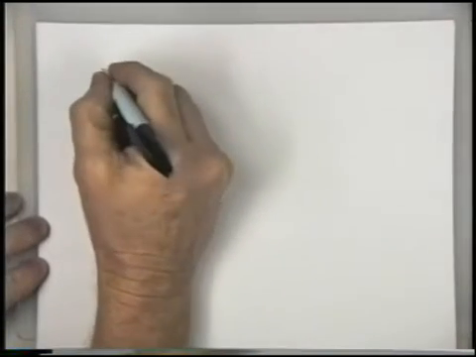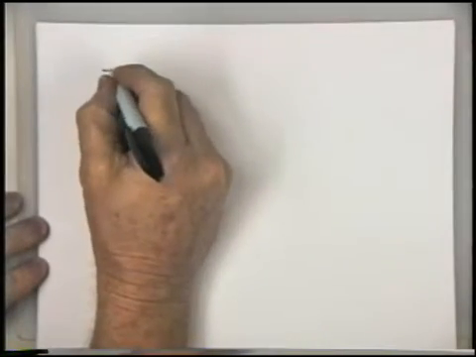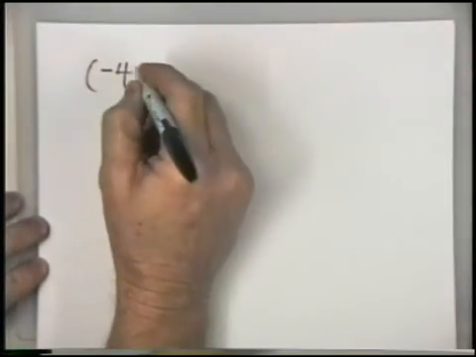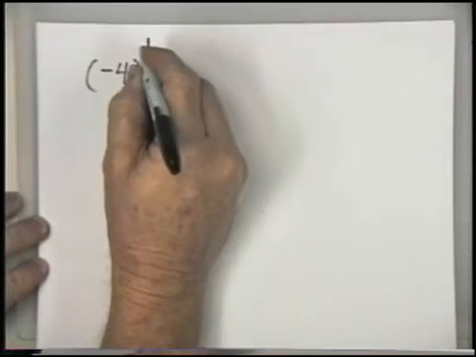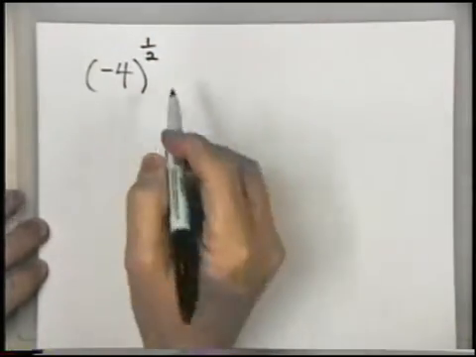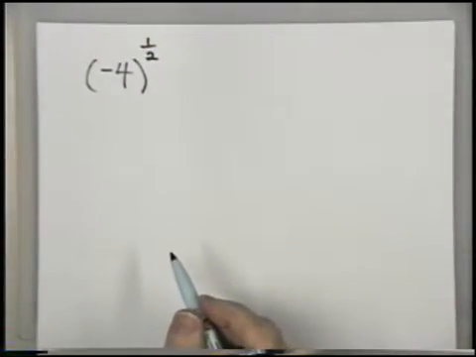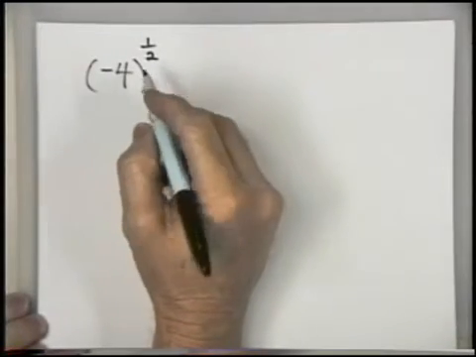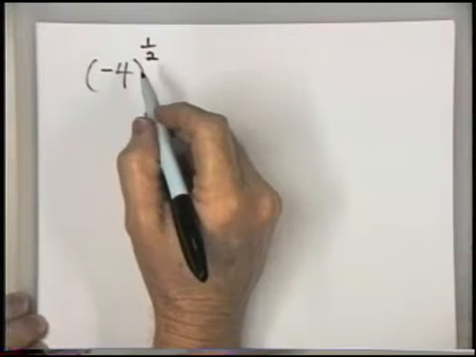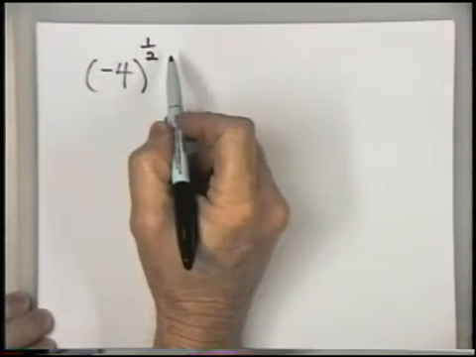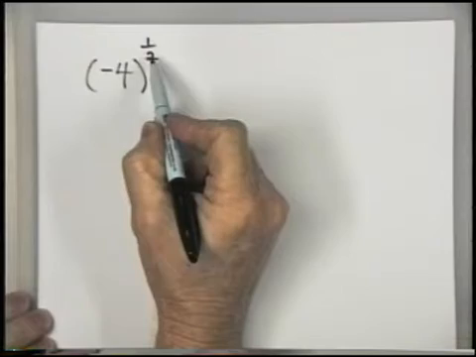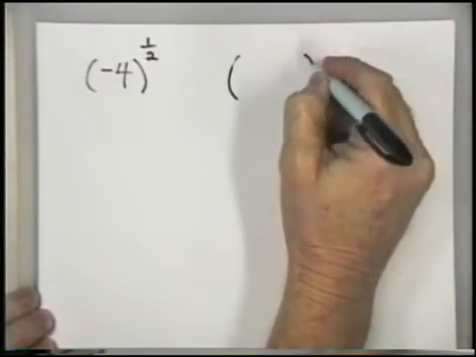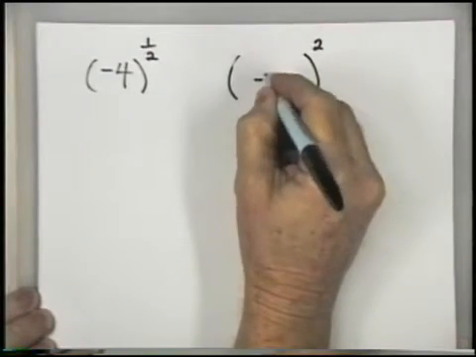Let's take, for instance, this. Take -4 raised to the 1/2 power, the 1/2 power of a -4. We want that to be the number whose, in this case, second power is this base. That is, this statement would have to be true.